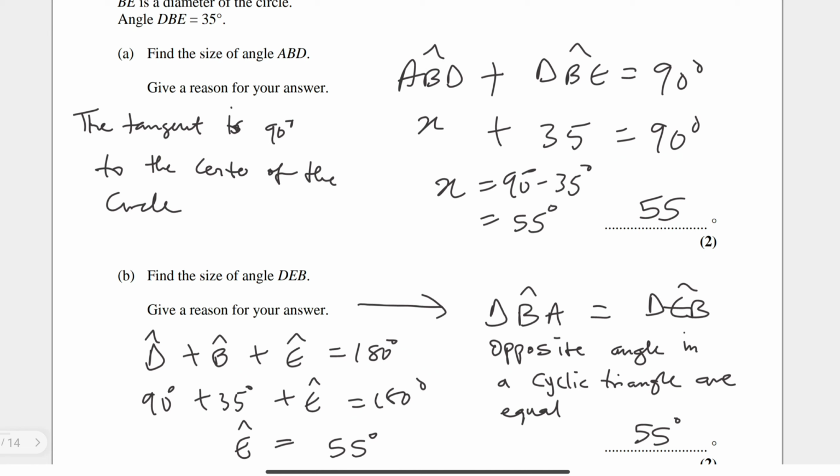Not opposite angle. In this case, it is not opposite angle. It is corresponding angle. Corresponding angle in a cyclic triangle are equal.